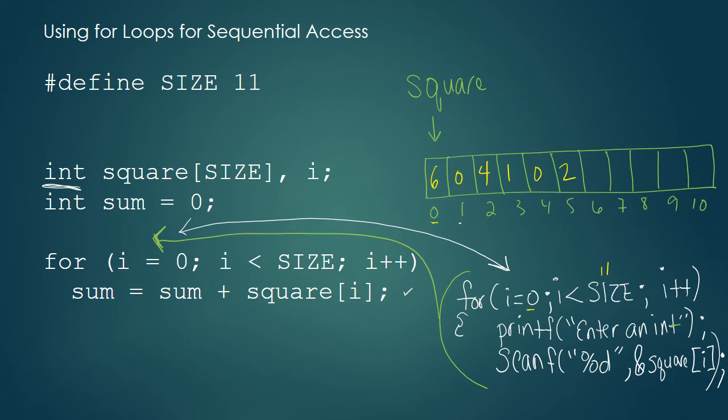Yes, it is. We enter an integer, and now i is 1, so it's going to go into this location. Now we change i to 2. Is 2 less than 11? Yes, it is. Enter an integer, scan into square at index 2, so the user enters a 4. And then we keep going.